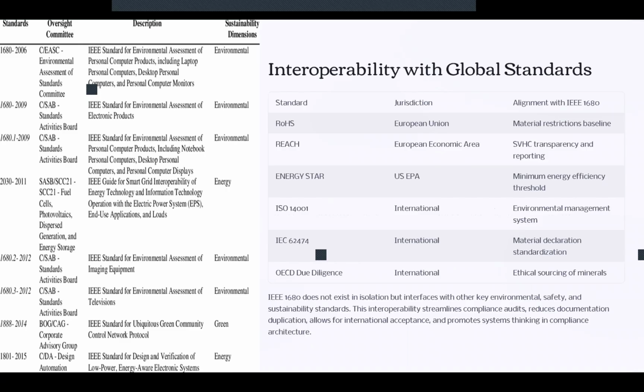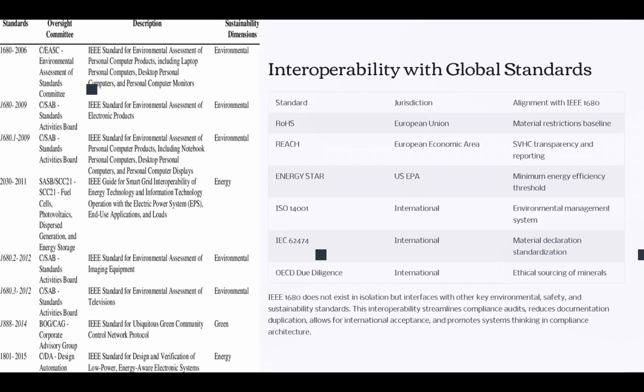Now, IEEE 1680 doesn't exist in a bubble as a solo standard. It's designed to work alongside other major environmental and safety standards from around the world. That way, companies can meet multiple requirements without duplicating their work. It's closely aligned with RoHS, which is the European restriction of hazardous substances.